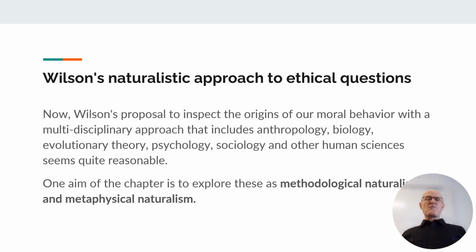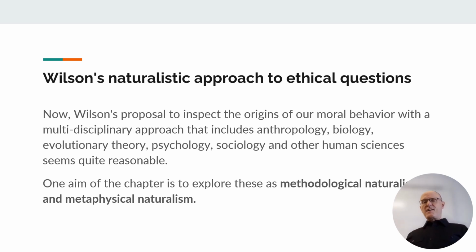And we're going to separate out two forms of naturalism, but they are very closely connected. There's methodological naturalism and metaphysical naturalism. So the basic idea for methodological naturalism is that the only way to understand the world is through science.